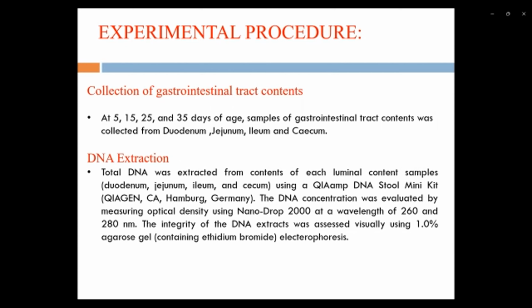A QIAGEN kit was used to extract DNA from each luminal content sample. The DNA concentration was evaluated by measuring optical density using a NanoDrop 2000 at a wavelength of 260 and 280 nanometers. The integrity of the DNA extract was assessed visually using 1% agarose gel electrophoresis.